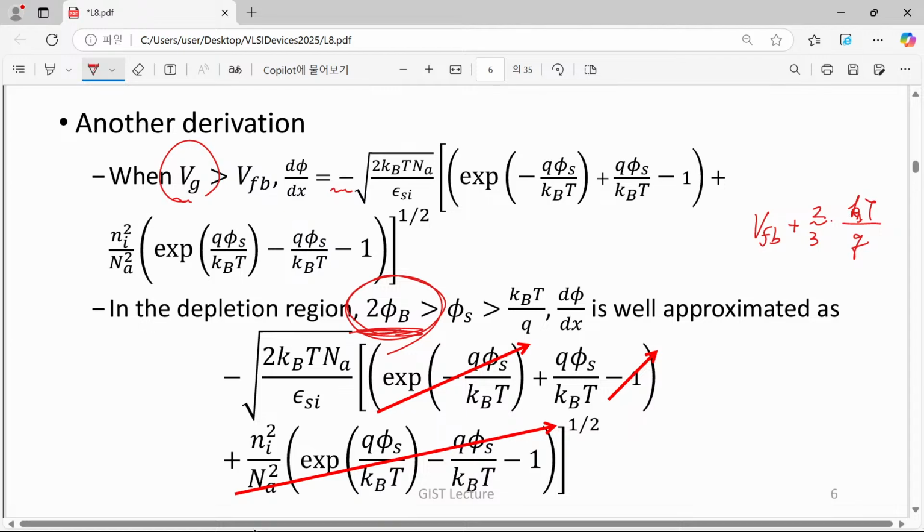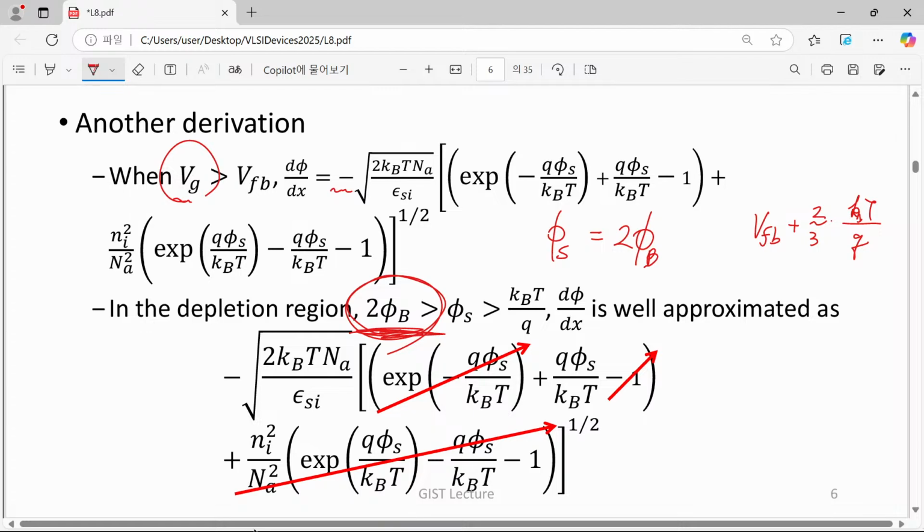If we have band bending equal to 2 times phi b, then it means that this exponential term combined with this extremely small leading coefficient now becomes comparable to the other terms appearing in the first part. So that's the reason why we introduce this condition for depletion approximation.